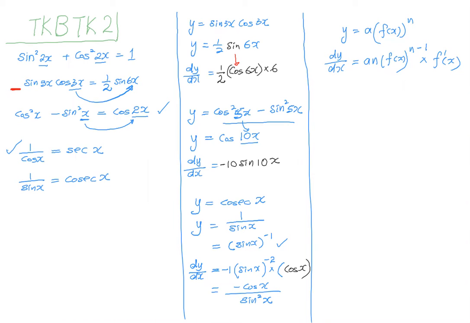Okay, now, if I have sin x divided by cos x, I know this is called tangent x. Okay, if I have cos x divided by sin x, this is called cotangent x.